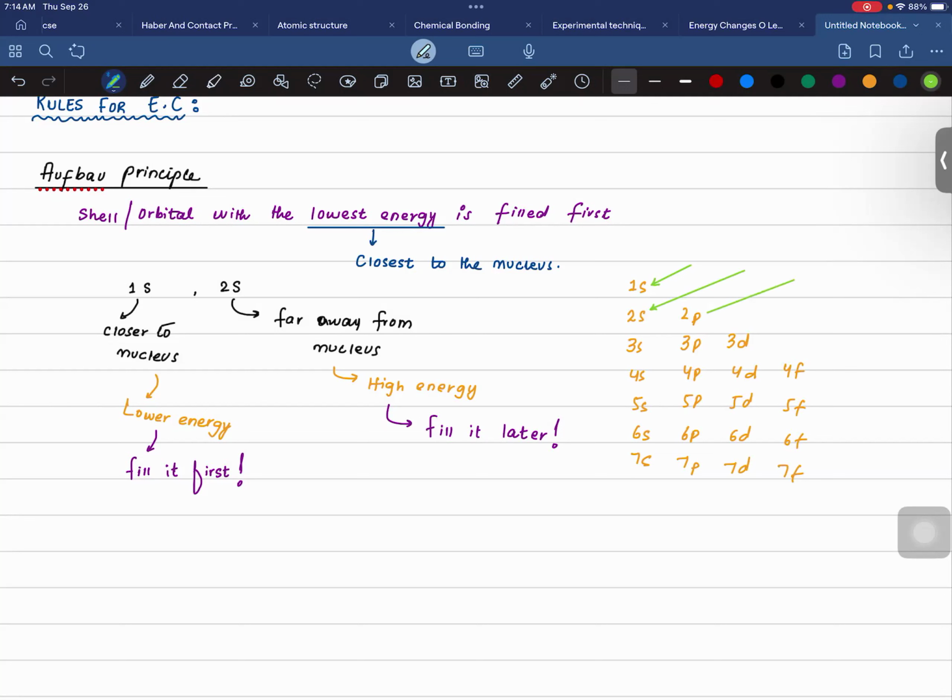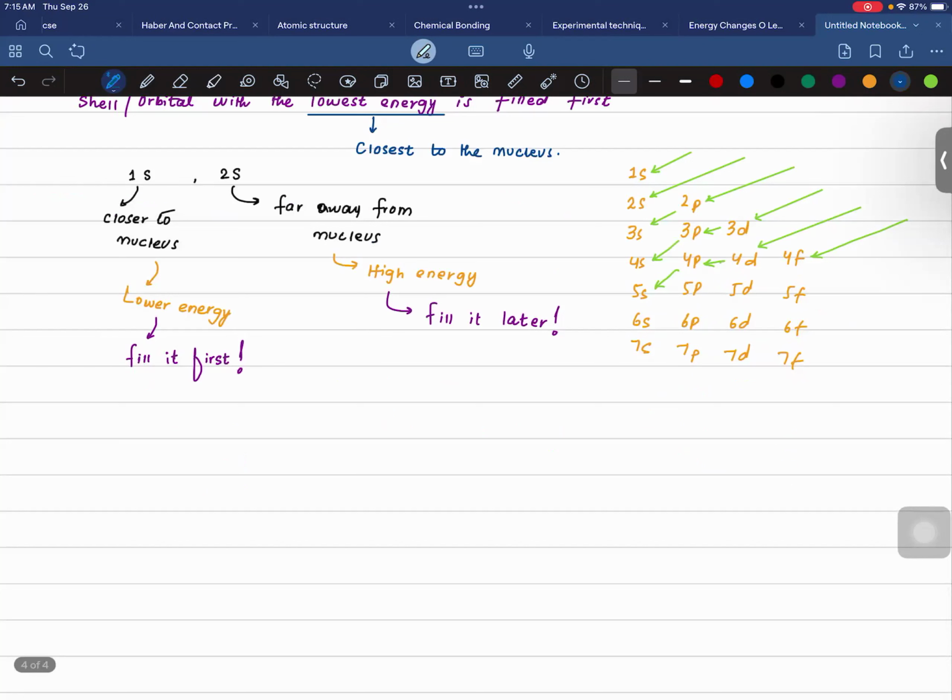1s, then 2s, then the arrow is on 2p, then the arrow is on 3s, then on 3d. Okay, then 3d, then 4, then 3p, then 4s, then 4d, then 4p, then 5s, then 4f, and so on.